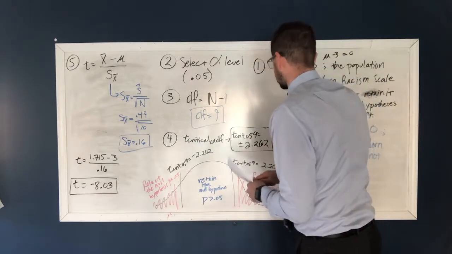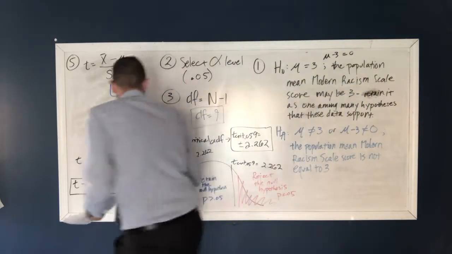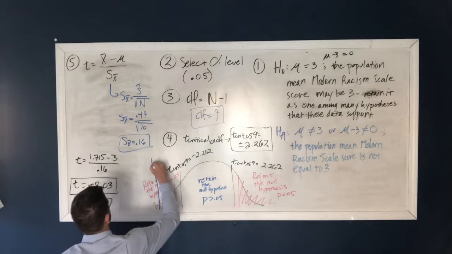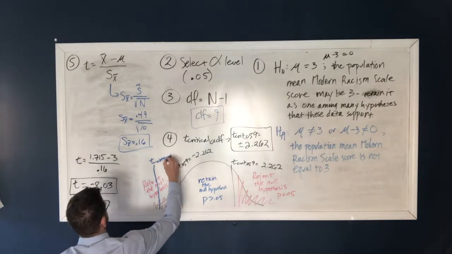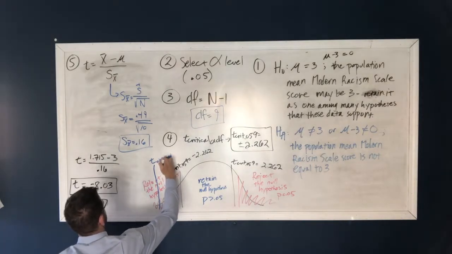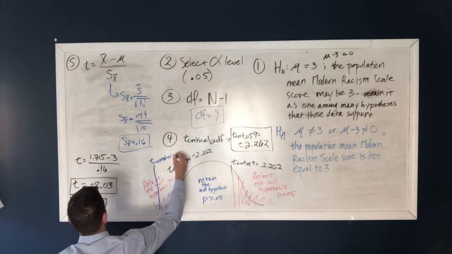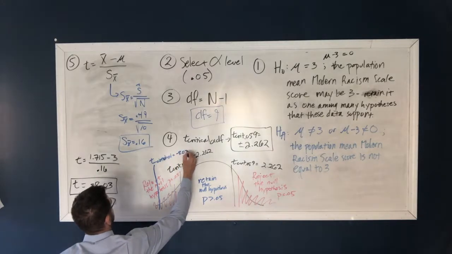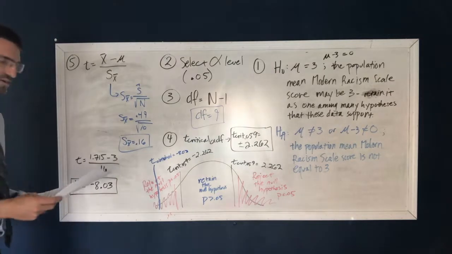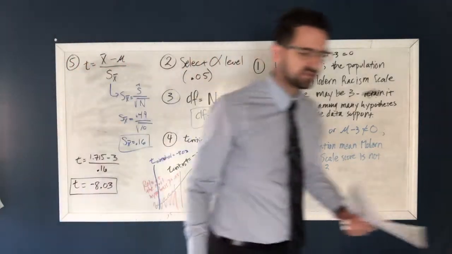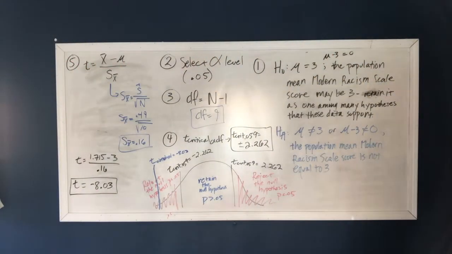So -8 is definitely going to be over here in this rejection region. Okay, cool. So I'm going to go ahead and write the interpretation, then we'll be good to go.